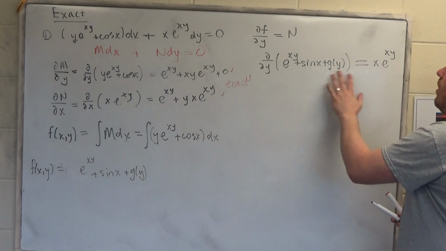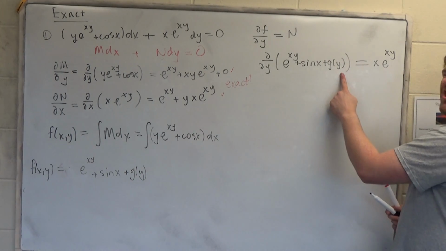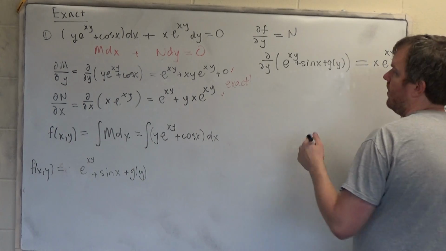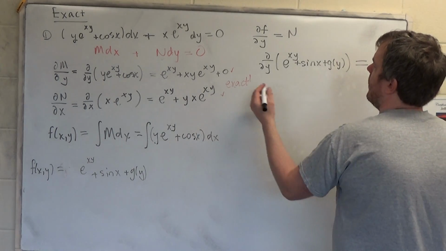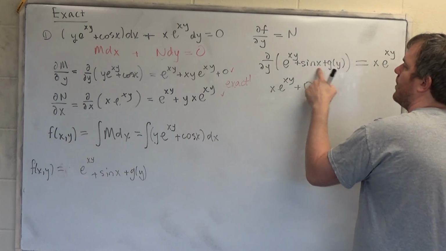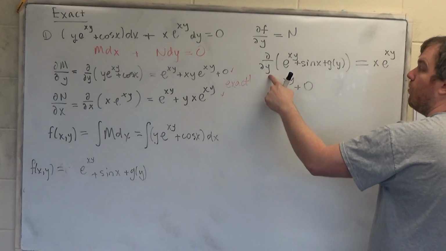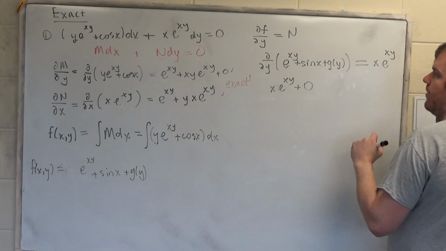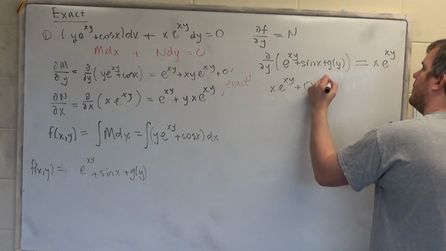This will generate an equation in terms of g'(y), as we're about to see. So when I take the derivative here, I get x e^(xy) + 0, because the derivative with respect to y of sin x is 0, since that's a constant.